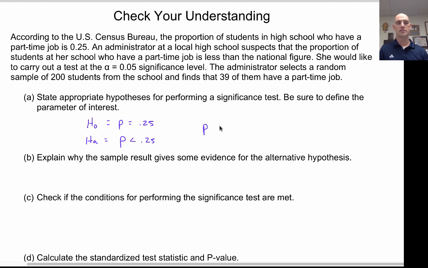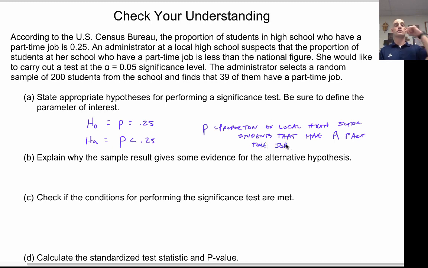And in this case, p is the proportion of local high school students that have a part-time job. Very important to define that.